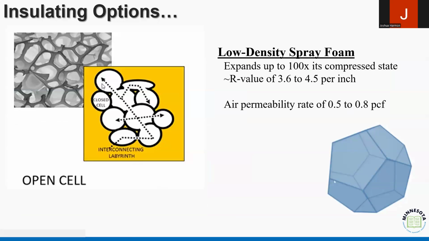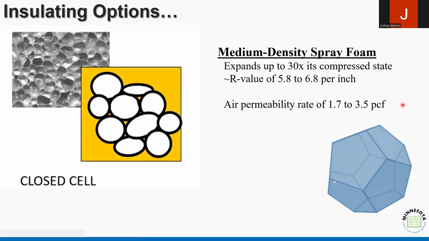And this is, again, where we have to reinforce the difference between open cell and closed cell, right? They both have different air permeability rates, right? You will need more open cell spray foam than you will closed cell spray foam to accomplish the same amount of both thermal resistance and air resistance, right?